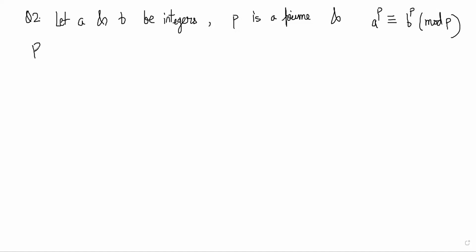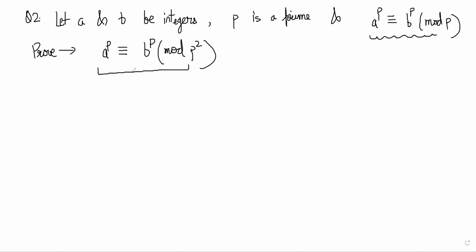We have to prove that a power p is congruent to b power p mod p square as well. So we are given that a power p is congruent to b power p mod p, but we have to prove this congruence. A power p is congruent to b power p mod p square, right? A and b are any integers, p is a prime.